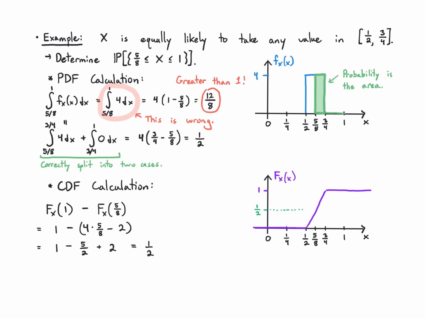So why don't I have to worry about that? Well, it turns out the reason I don't have to worry about it in the CDF is that I've actually already worried about it. On the previous couple of slides, I've been working out the PDF and the CDF.